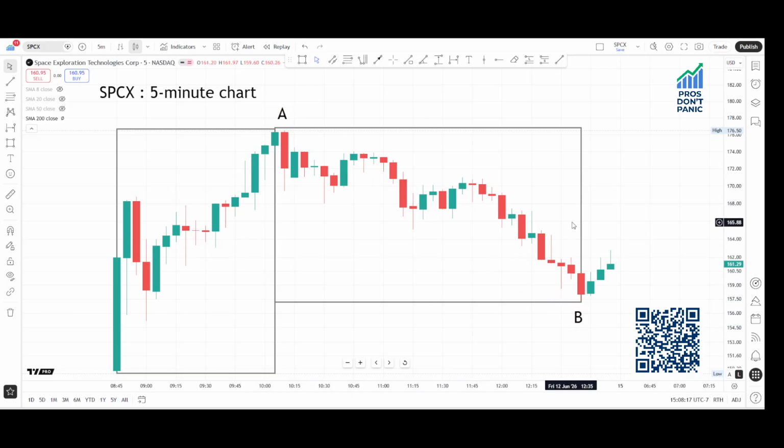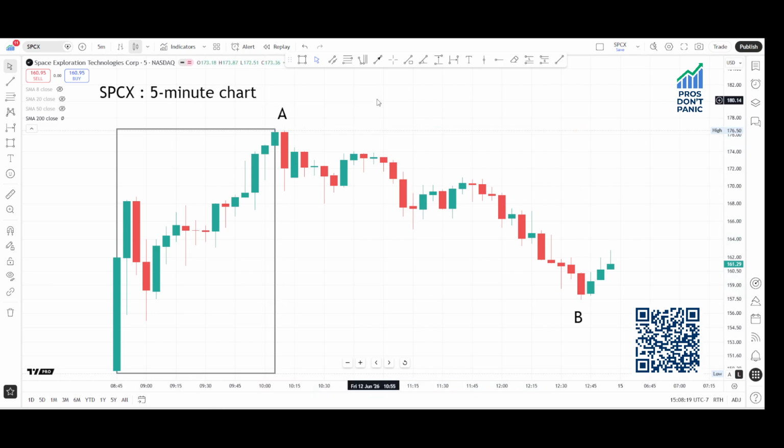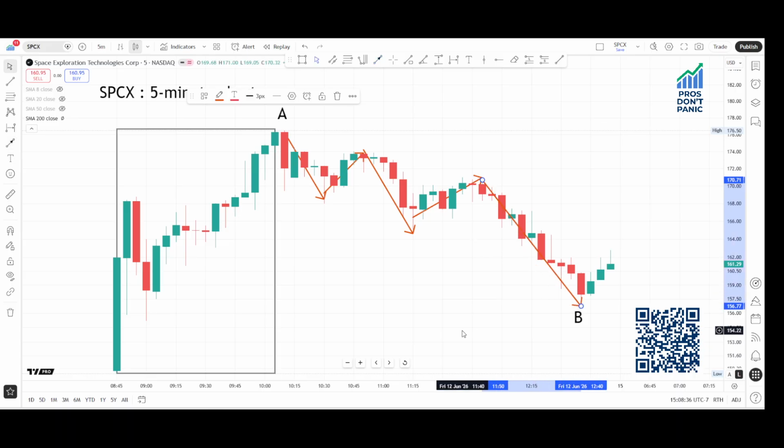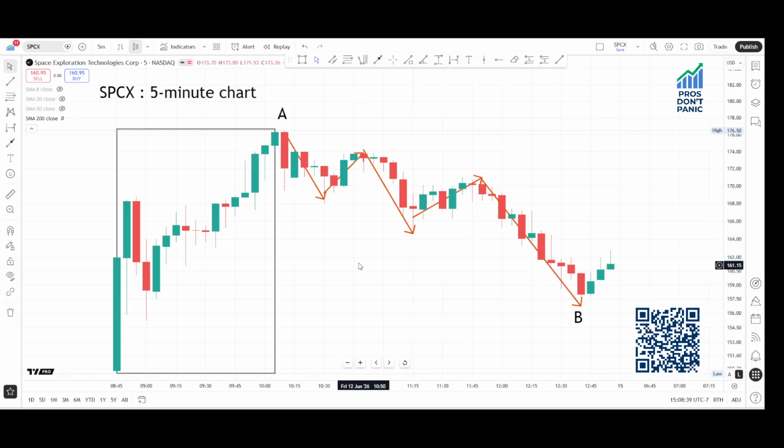So let's look at the progression of wave B. Let's break it down real quick here. We've got a move down. We've got another move up. We've got a move down, a strong move down. We've got a bit of a sideways move up and a much longer move down. Now there are 2 things that this could be.